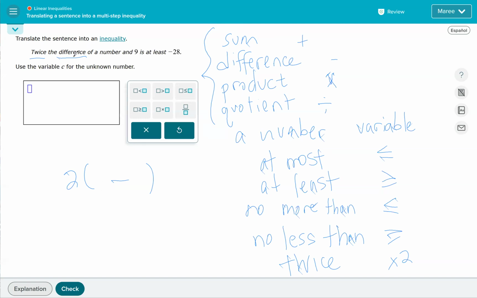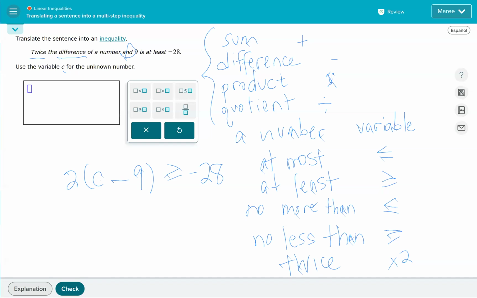So we look for the word and after the word difference. Here it is. So before the word and is what goes on the left of your minus sign, and the 9 goes after. So you want to make sure you put it in the right order. It says a number, and they give us the variable C, is at least, so we look at our notes, that's greater than or equal to -28.